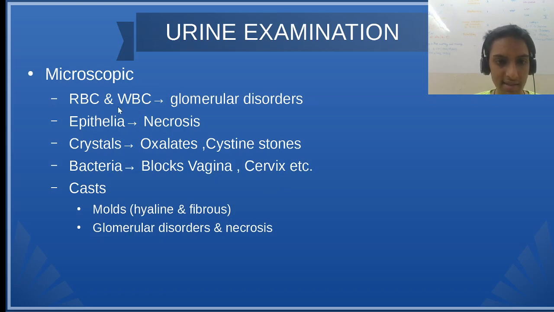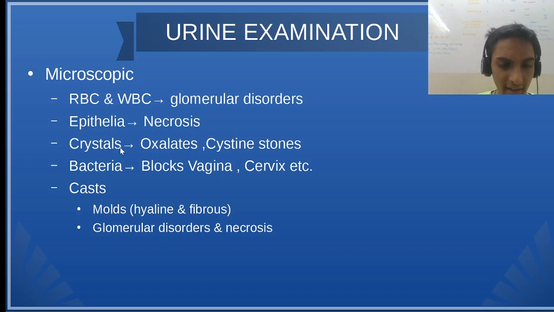Let's see microscopic. In this, RBC and WBC, epithelia, crystals, bacteria, and casts. So RBC and WBC associated with glomerular disorders. Then epithelia leading to necrosis. Crystals mainly oxalate crystals.